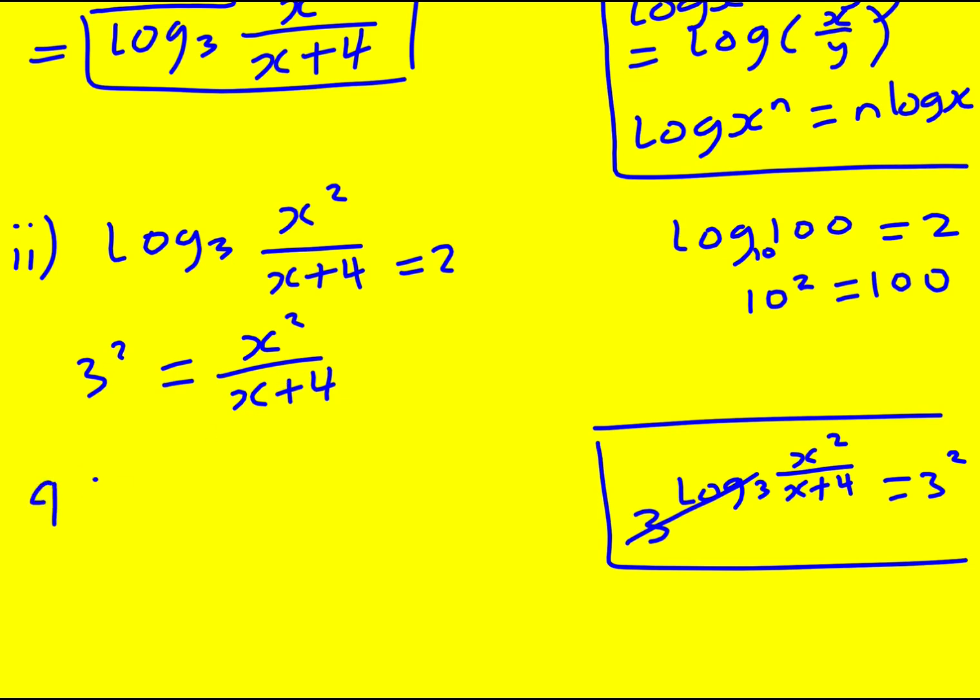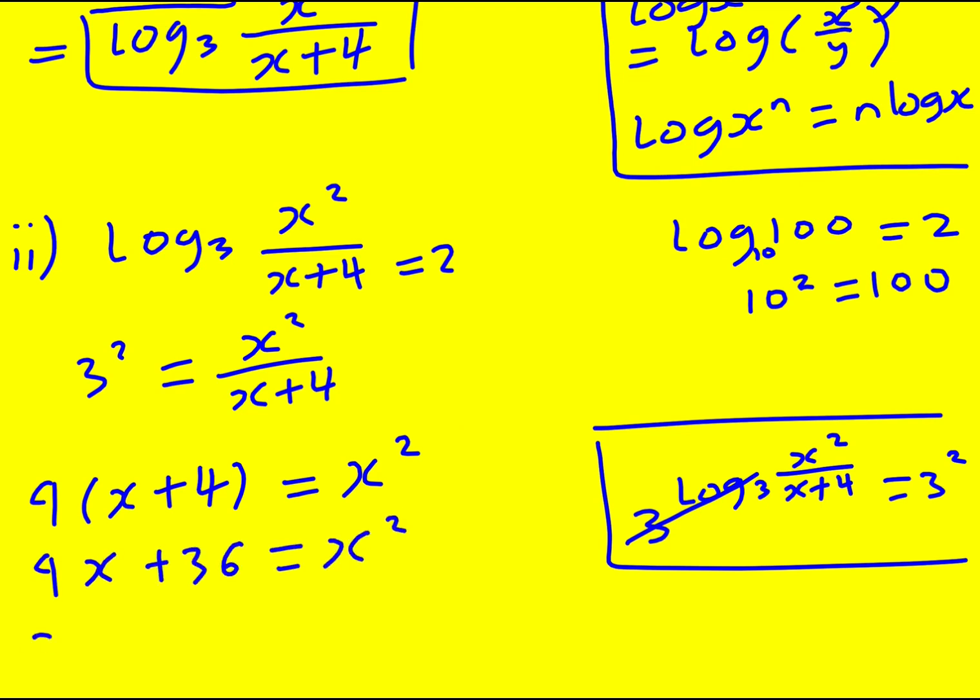And then I'm going to times through by x plus 4 to solve this equation. And it's going to become a quadratic, isn't it? 9x plus 36 is equal to x squared. Solve a quadratic, get it all on one side. So x squared minus 9x minus 36 is equal to 0.